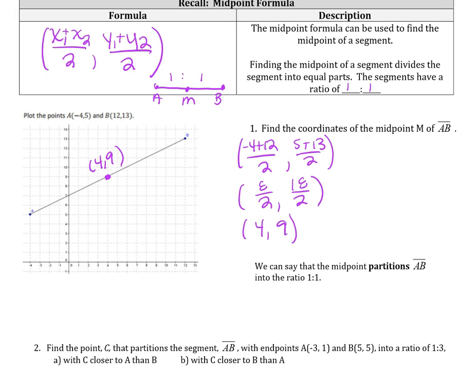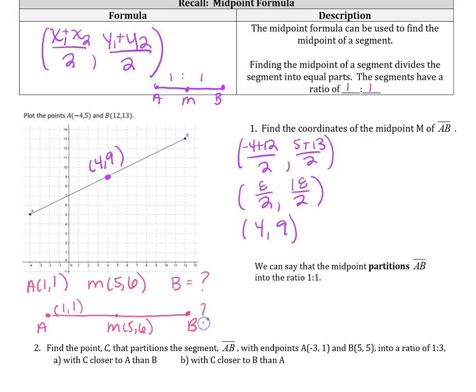So it's pretty easy to find a midpoint given the two endpoints, but what if I gave you a point A, which is 1, 1, and the midpoint 5, 6, and I want you to find the other endpoint, B. I'm just writing an extra example here. A is 1, 1, and M is right here at 5, 6.